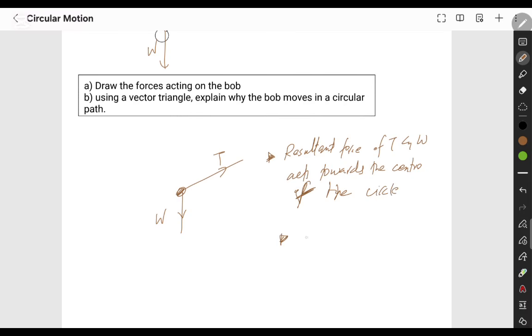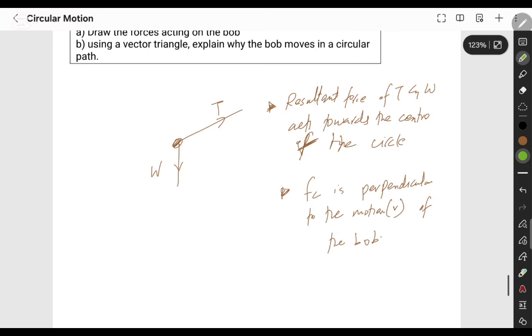And this force, this centripetal force, is perpendicular to the motion, or specifically the velocity, of the bob. So I hope these two points are clear. I'm going to explain a bit more with the vector diagram.